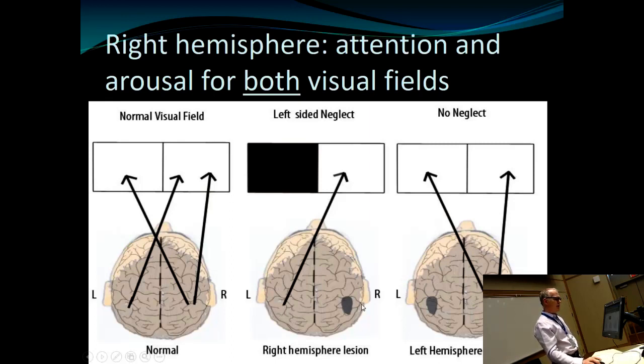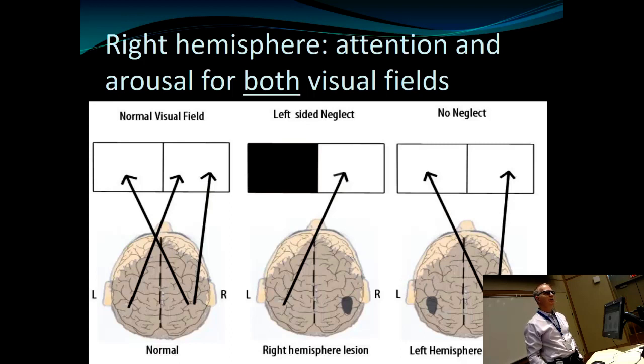And so that's why the right hemisphere lesion is the one that produces this kind of neglect on the opposite side. It's a unique function of the right hemisphere that it does it for both left and right hemispatial fields. So it's a kind of unique finding.